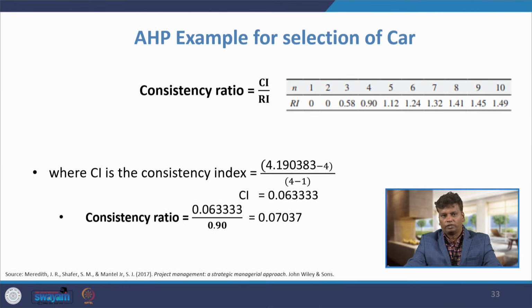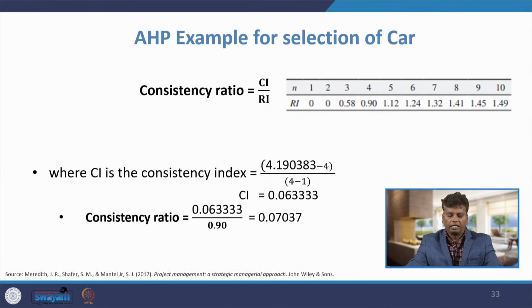Next we have to find the random index. You can directly get this value from the table, but already I have explained the meaning of random index: the average value of consistency for randomly generated pairwise comparison matrices. For a 4 cross 4 matrix, the random index is 0.90.